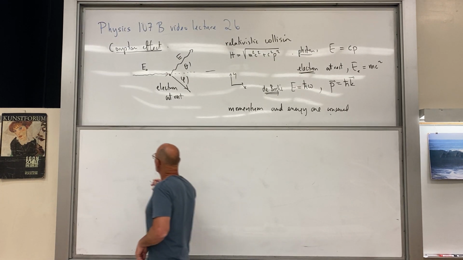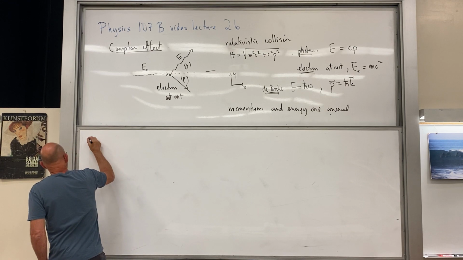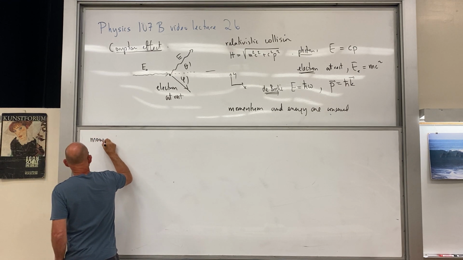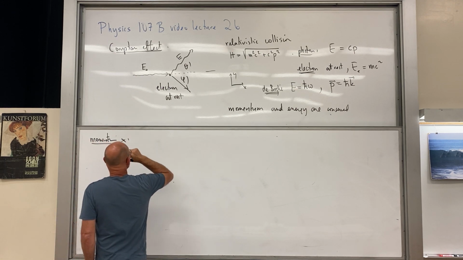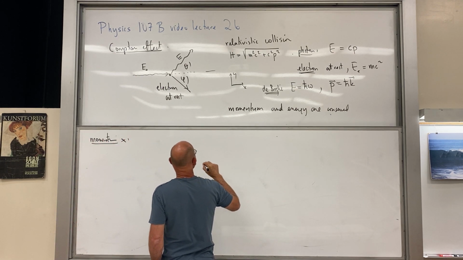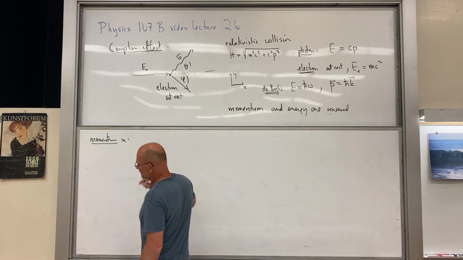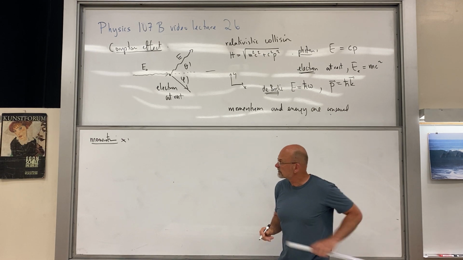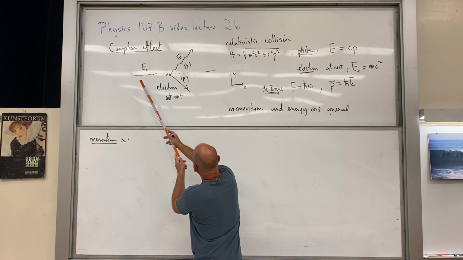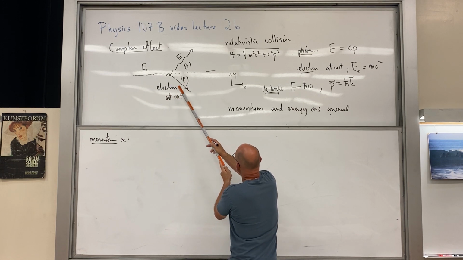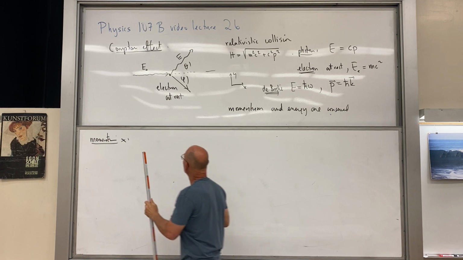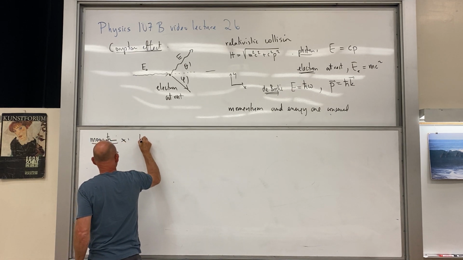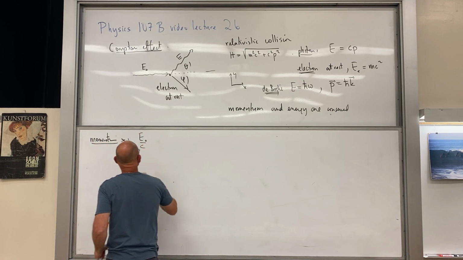So we'll just start setting our equations up. We have momentum in the x direction. The initial momentum of the incoming photon is E over c, and since it's E0, we have E0 divided by c.